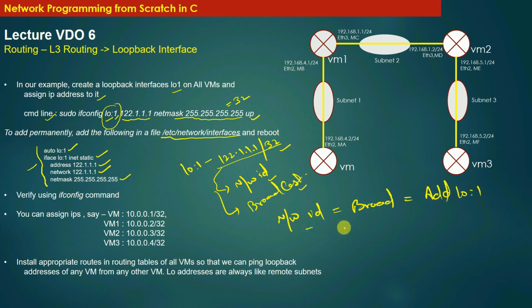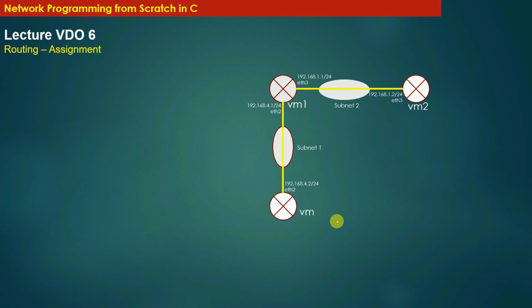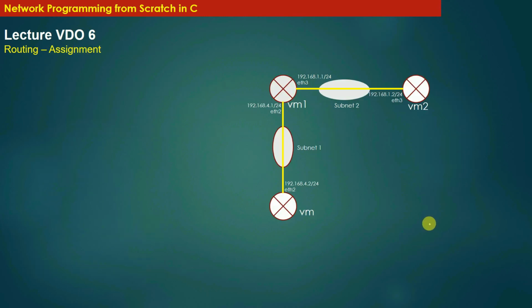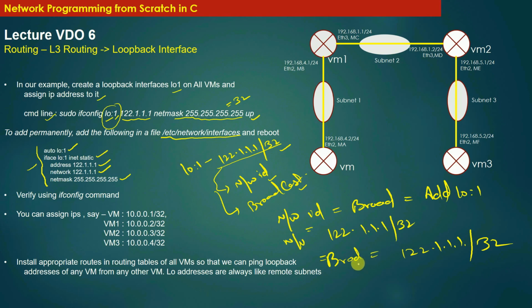So the network ID will be 122.1.1.1/32, and the broadcast address will be 122.1.1.1/32. So in case of loopback interfaces, the network ID, the broadcast address and the interface IP address itself are the same. The reason is that the loopback interface is a subnet in which only one machine is possible, and that machine is the router itself on which the loopback interface is created.